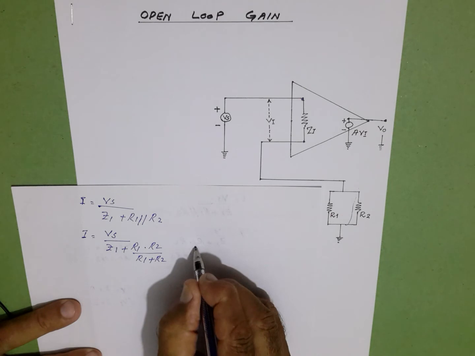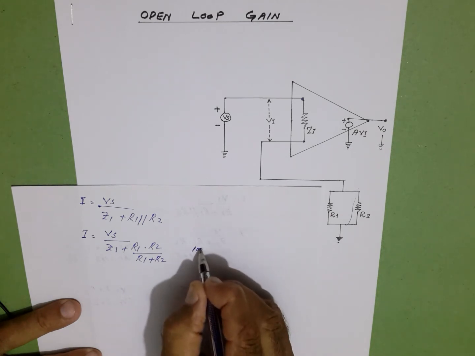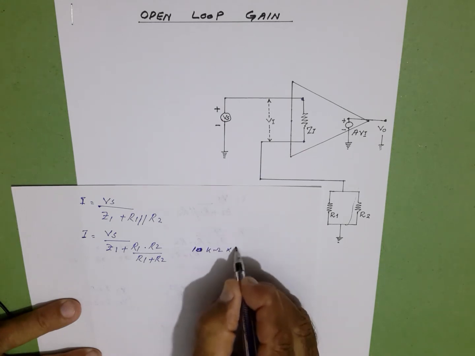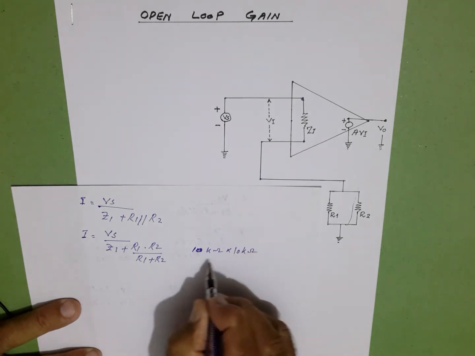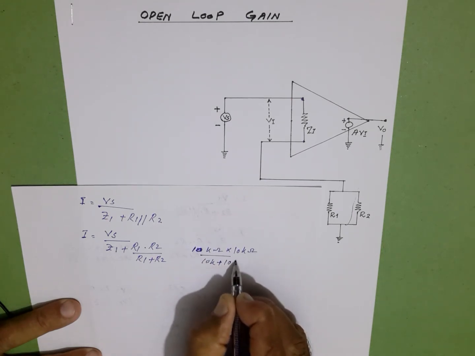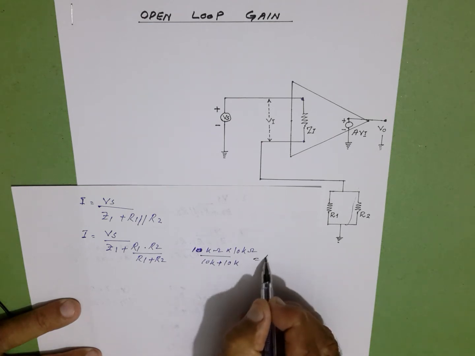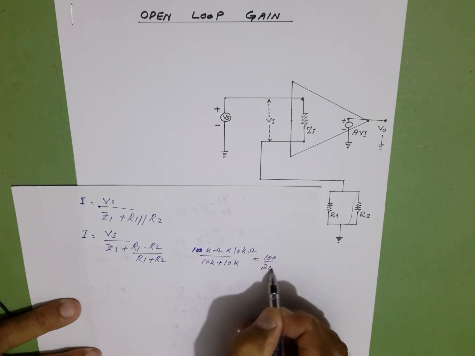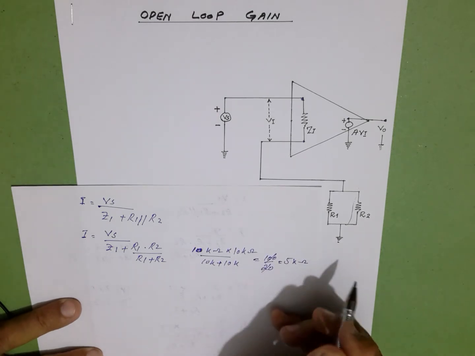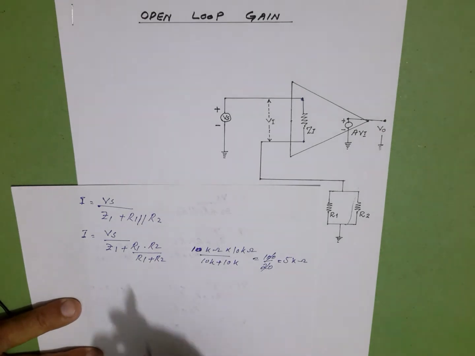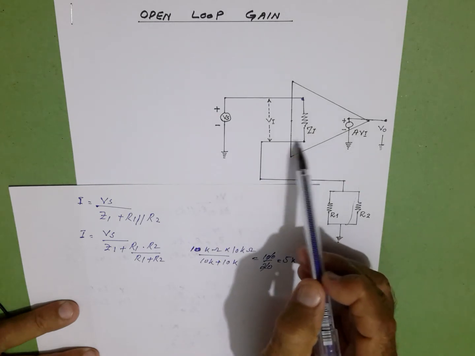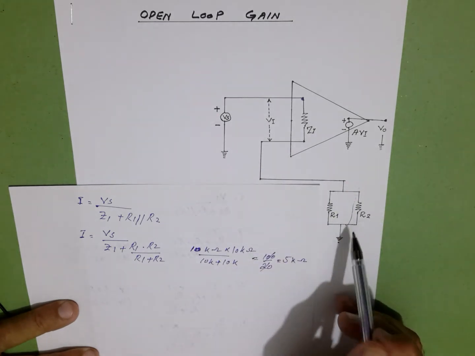We can calculate: 10 kilo ohm multiplied by 10 kilo ohm divided by 10 kilo ohm plus 10 kilo ohm, which is 100 divided by 20, which is 5 kilo ohm, half of the individual value of resistance. Now this is the value of current, Vs divided by Zi plus R1 and R2 in parallel.